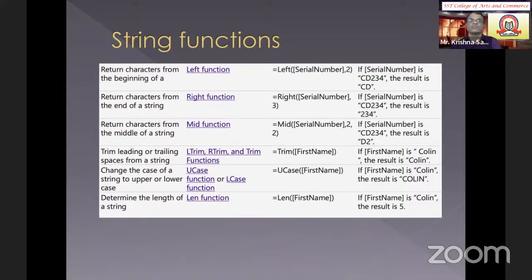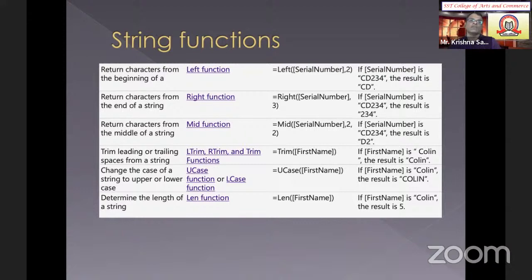Again, the serial number is CD234, and in the formula I have written serial number comma 3, so it is going to give 3 characters from the end, that is 234. So if my coding is CD234, CD235, and I want to separate the text and these numbers, then I can use the LEFT and RIGHT formulas.